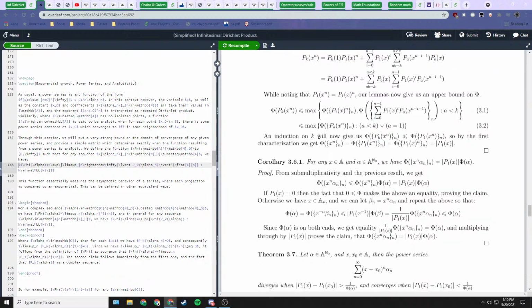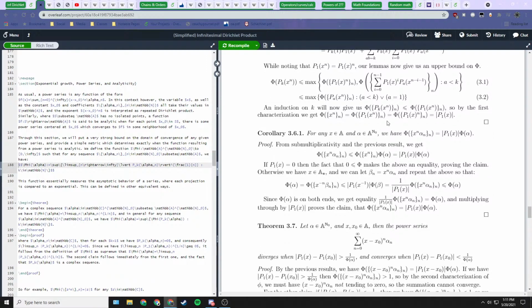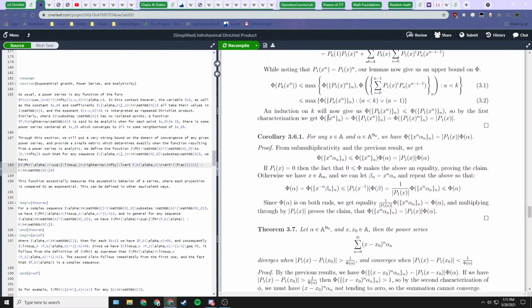So because all the phi values of the projections are bounded by the phi value of the first projection, and the phi value of the first projection is bounded by the phi value of this x power n overall, and likewise every single one of these projections, the phi value of x power n overall is just the supremum of these phi values of the projections.